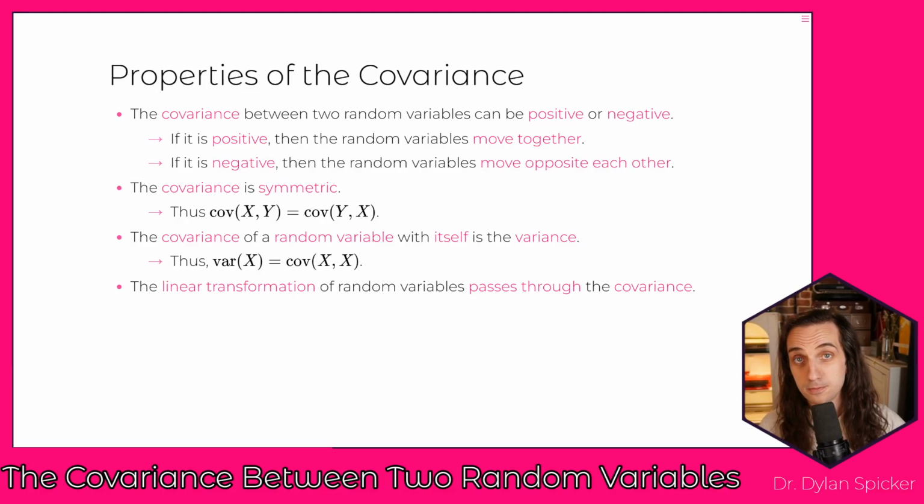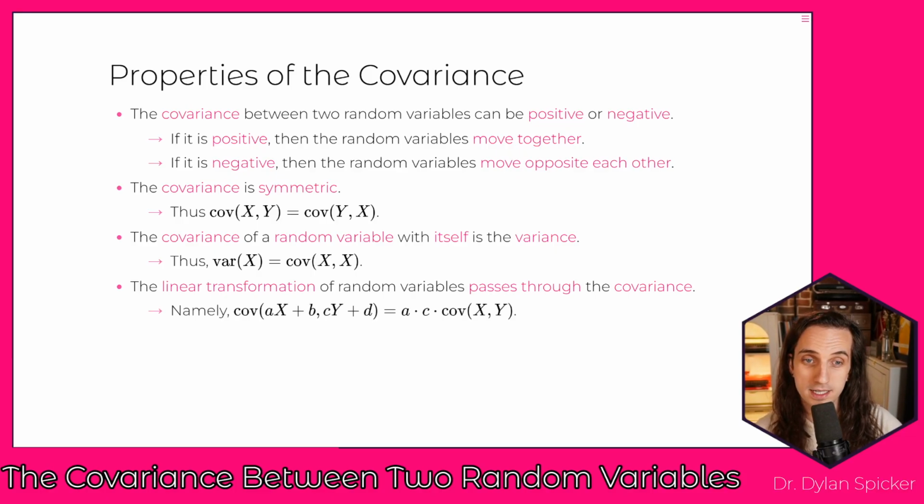Okay. Now, the linear transformations of random variables are also going to pass through our covariance. And so what we mean by that is that if you want to take the covariance between ax plus b and cy plus d, then this is going to give us a times c times the covariance between x and y.